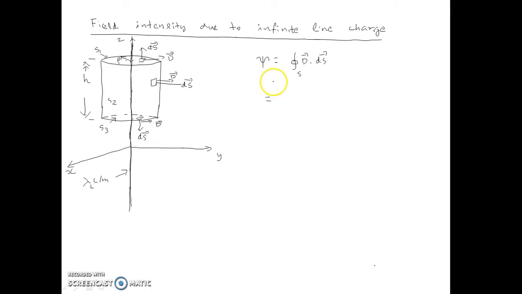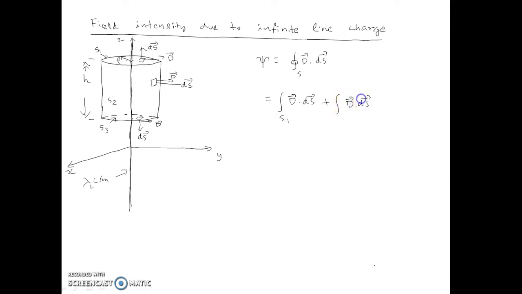So let us try to find out the electric flux emerging from the closed surface. The electric flux emerging from the closed surface is given by this expression, and the electric flux emerging from the top surface is given by this term.